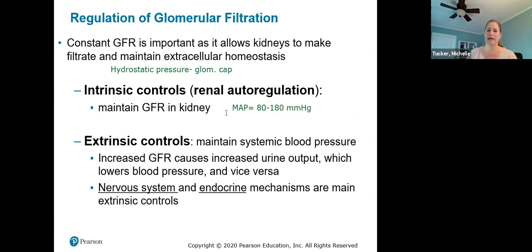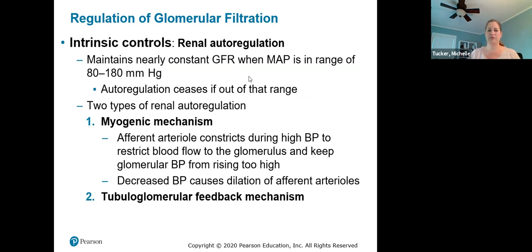When we get outside of normal blood pressure, so when we get lower than 80, which is usually due to massive blood loss, or over 180, which is the high end of hypertension, then extrinsic controls are going to come into place. There are two intrinsic and two extrinsic controls. For intrinsic controls, there is myogenic regulation, autoregulation, and tubuloglomerular feedback.